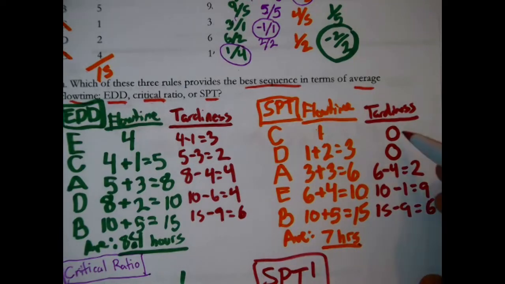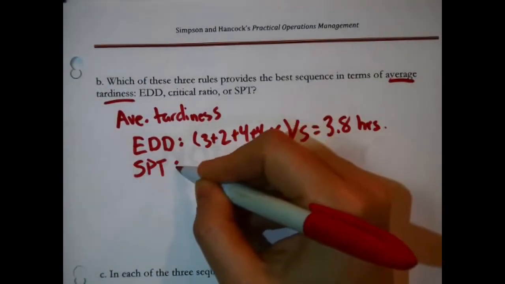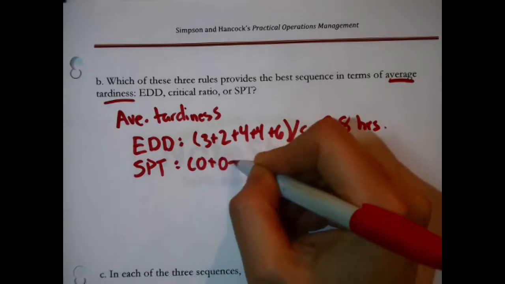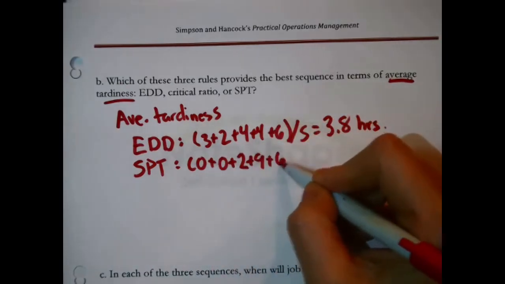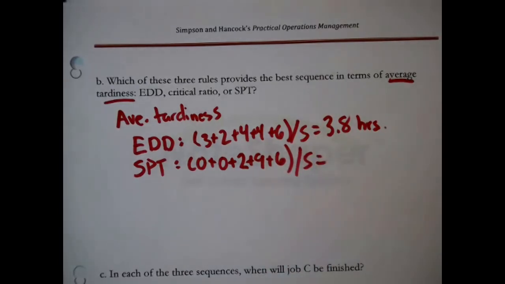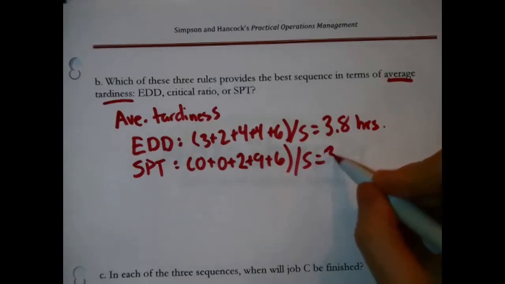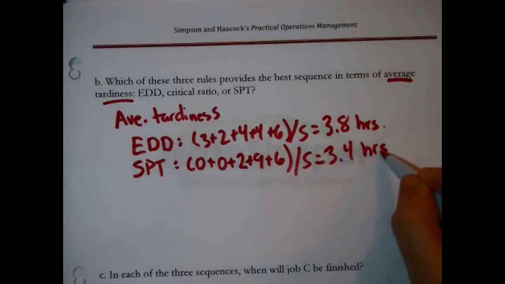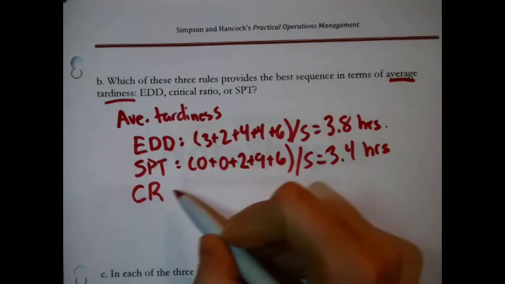This is what you want to average for shortest processing time: 0 plus 0 plus 2 plus 9 plus 6 divided by 5. We're just averaging. And I got 3.4 hours. And then I'm just going to write CR, critical ratio.